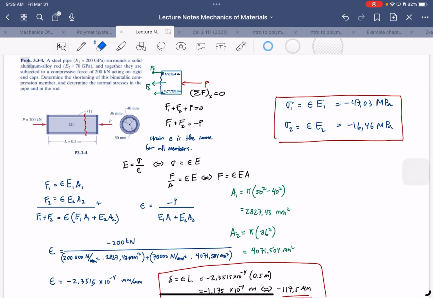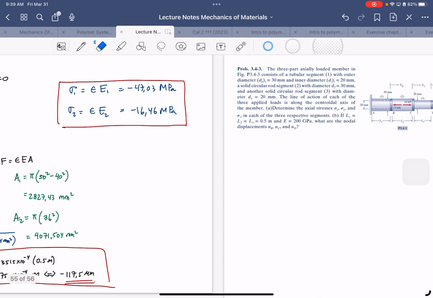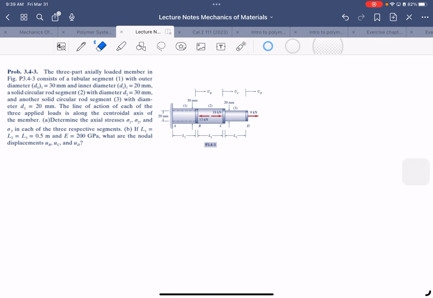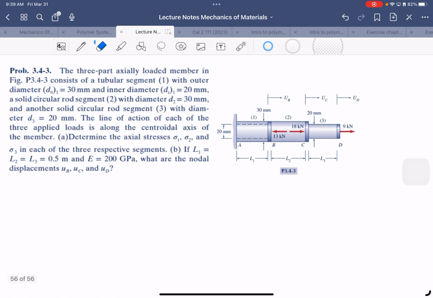Okay, now the second one, I think you can check the notes later. Second one we have this. It's quite complicated, but perhaps I will just show you how to deal with this, and maybe I will add additional videos to help you with these questions.